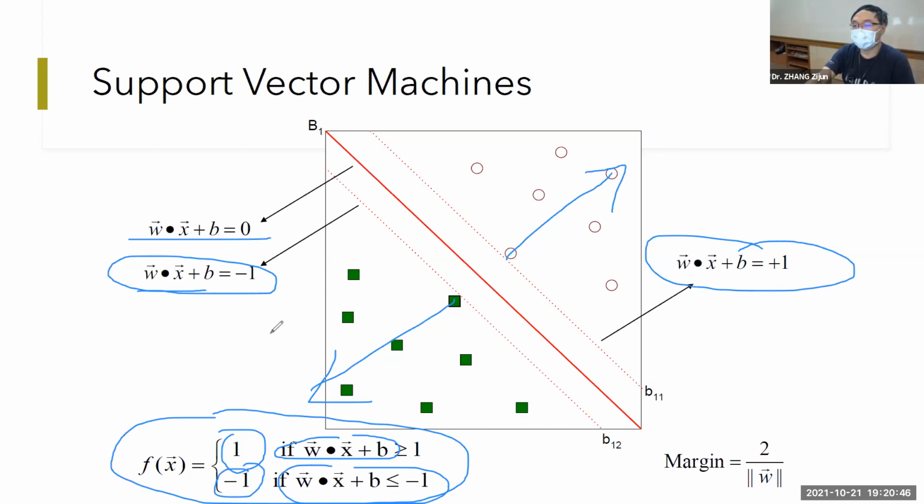We talk about a simple two-class classification problem with a linearly separable case. Then based on this formulation, the margin can be equal to 2 over the vector norm of W.